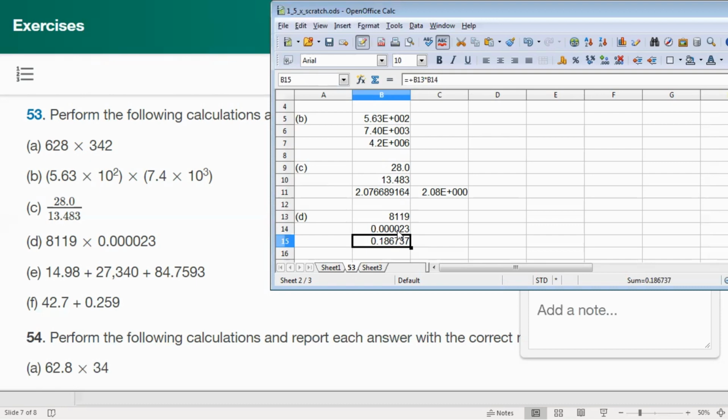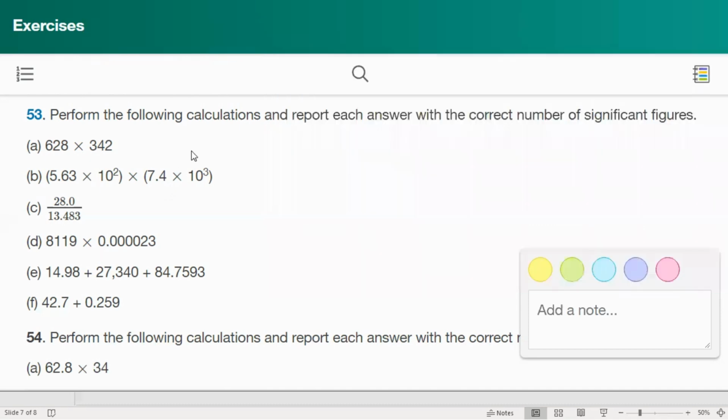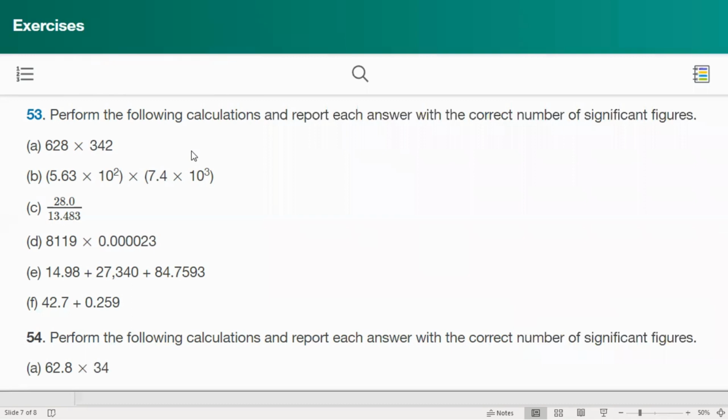1.9. Does it want it in scientific notation? Oh, that's the other thing. Let me see what this says. Report each answer with the correct number of significant figures. I have to point something out. In this situation, this was not expressed in scientific notation.